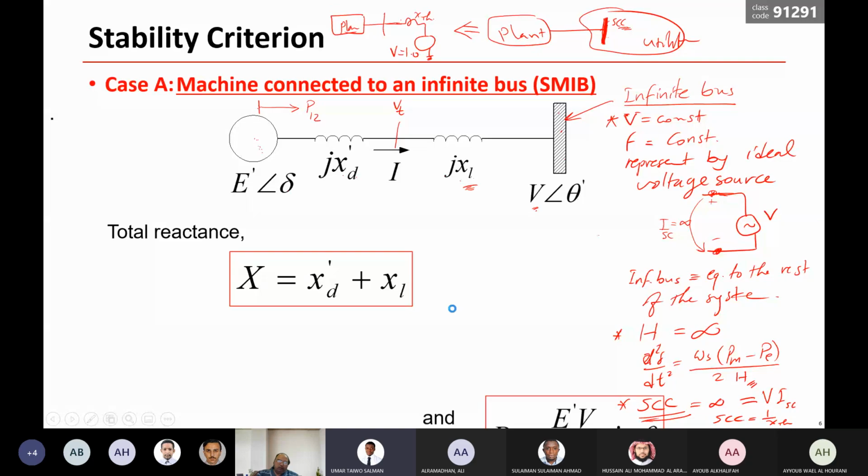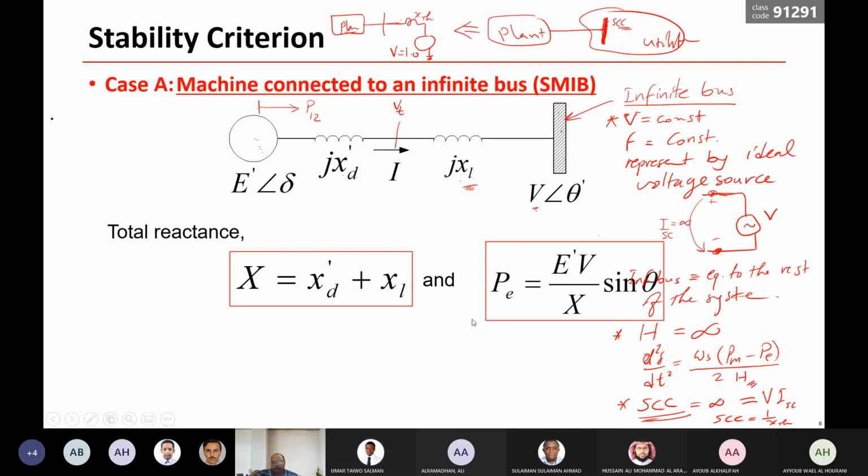Great. So this is P equal to E prime V over X summation, times sine theta, and the theta here is delta minus theta prime.